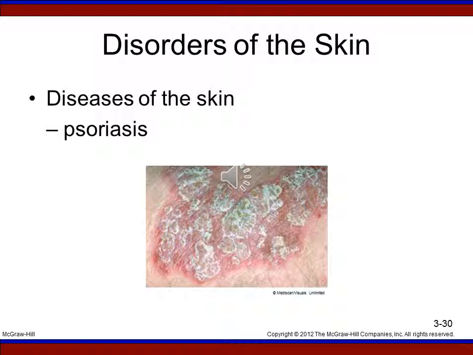Then you also have what's called vitiligo, and vitiligo produces pale, irregular patches of skin. Psoriasis and vitiligo, which one of those two has no cure? Psoriasis you can treat, vitiligo there is no known cure at the moment.